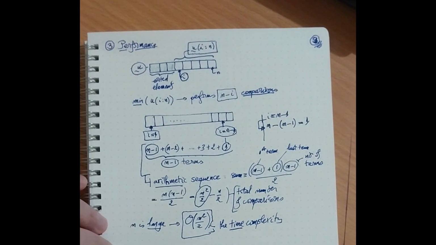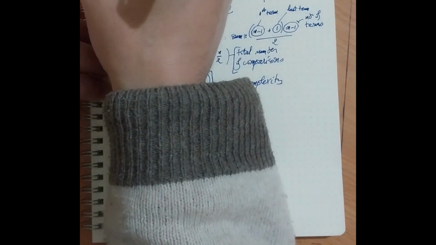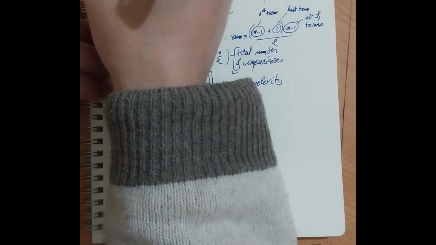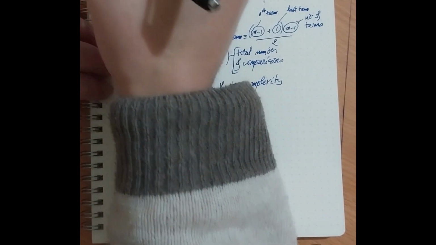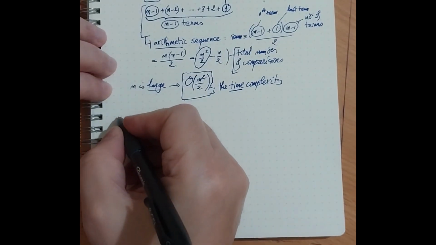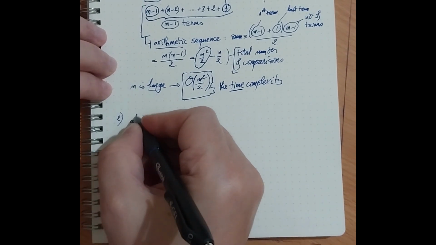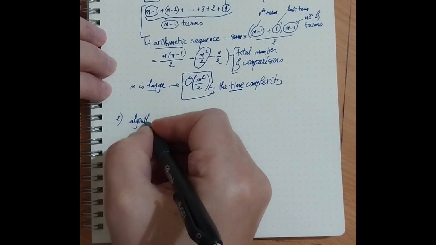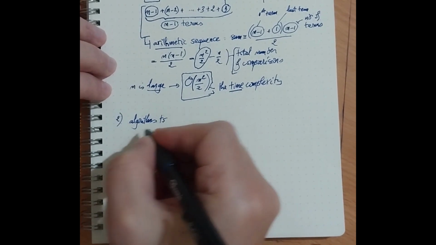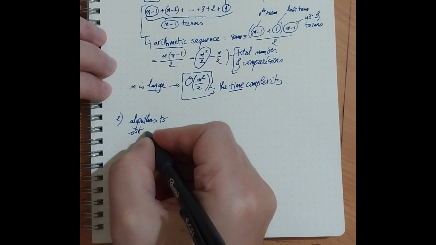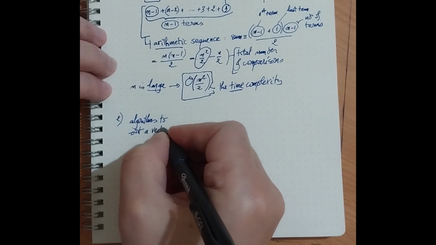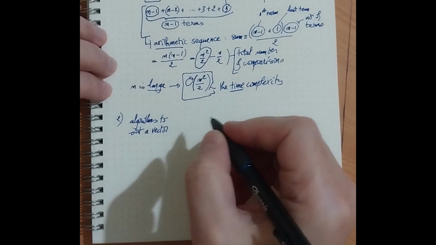I am aware of two algorithms. There are others, not many, maybe 4 or 5, but I am aware of two algorithms to sort a vector or a sequence of elements.